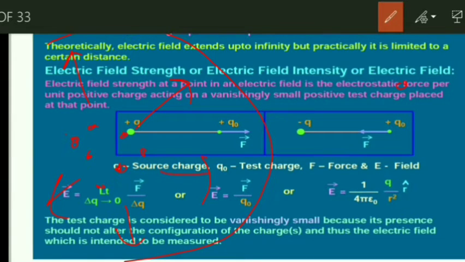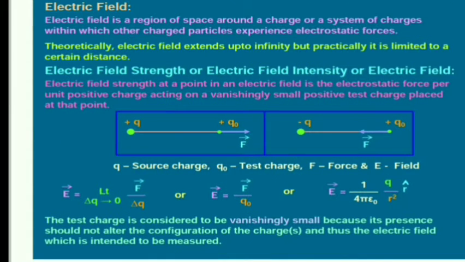If I move a small test charge toward this system, a similar effect can be observed at the boundary of the electric field of this system. Now friends, theoretically the electric field extends up to infinity, but practically it is limited to certain distances. It should be remembered.